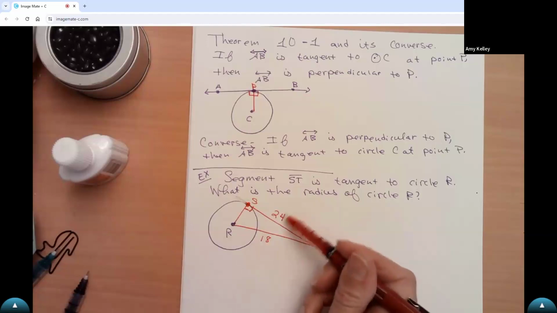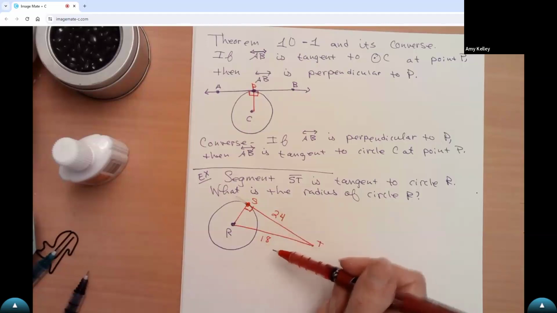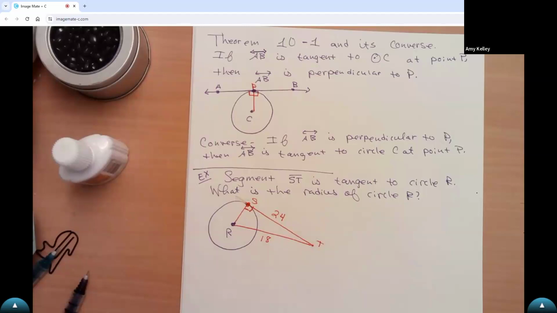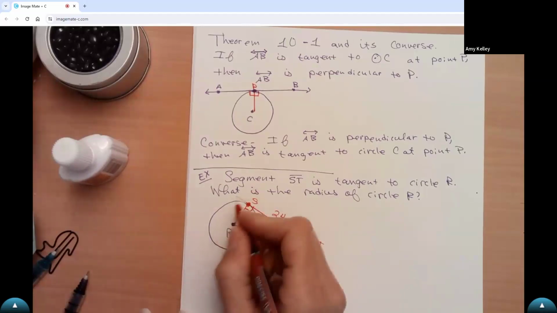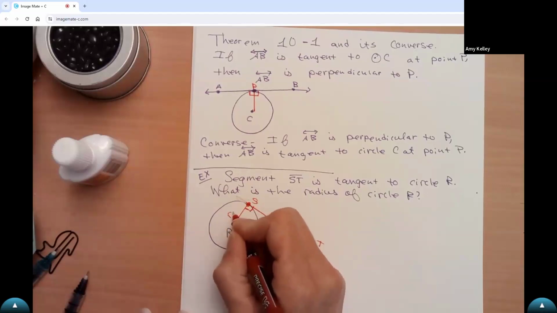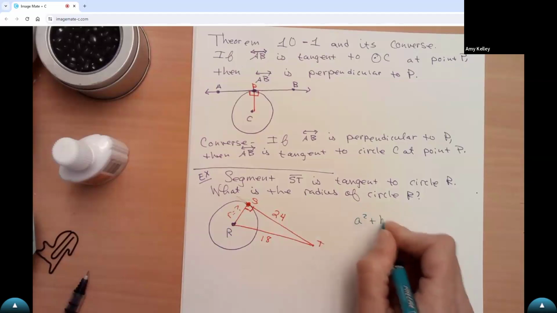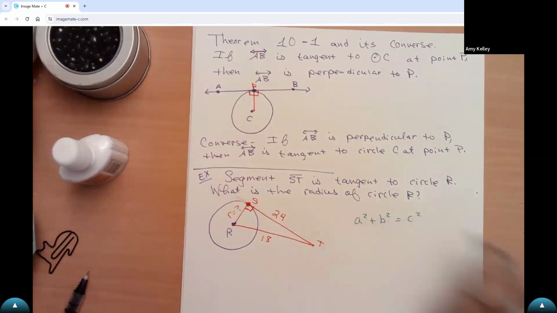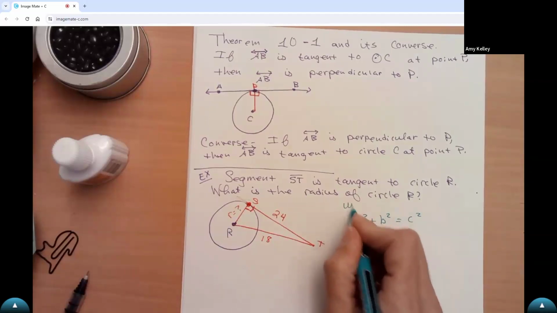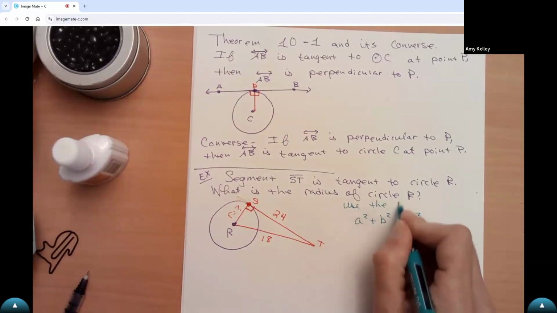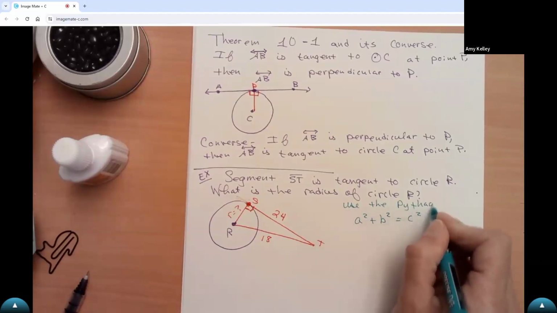So what we do is, as long as we have 2 of the 3 side lengths, we can just plug it into the Pythagorean theorem. So we want to know what is the radius. And let's see. So we do a squared plus b squared equals c squared. I'll just make a little note. We're using the Pythagorean theorem.